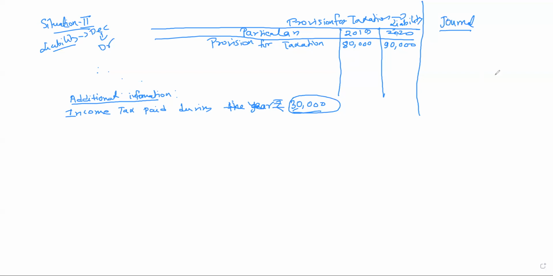So keeping this in mind, my journal entry will be provision for tax account debited to bank account. How much did you pay? 30,000. Is this understood? So now, provision for taxation account. Here is your ledger.